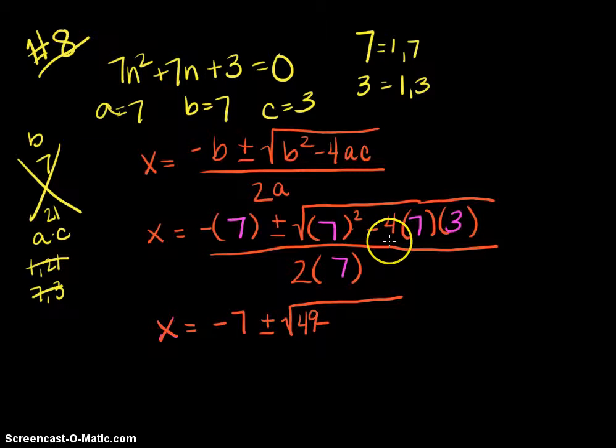Okay, I'm back with my handy dandy calculator. So negative 4 times 7 is negative 28, and then negative 28 times 3 gives me negative 84. And that's all over 2 times 7, which is 14.